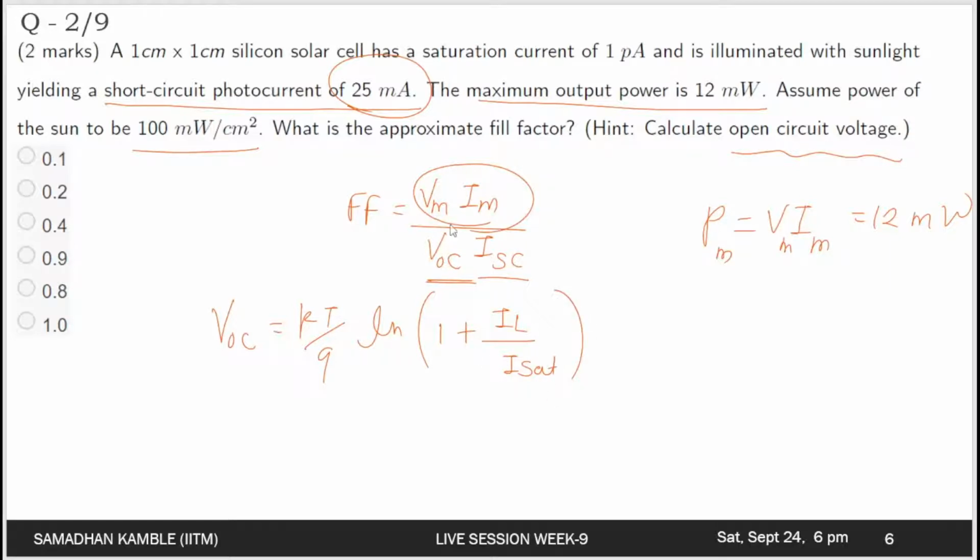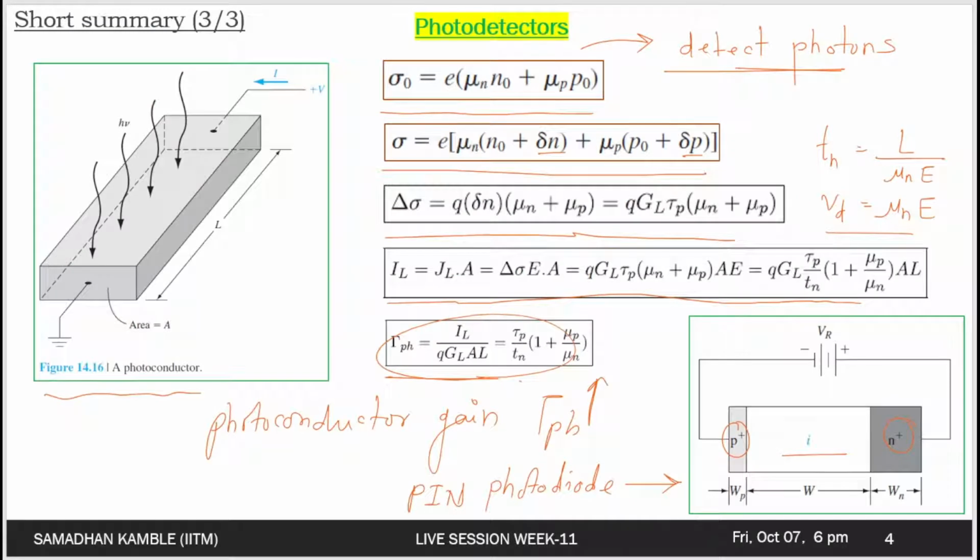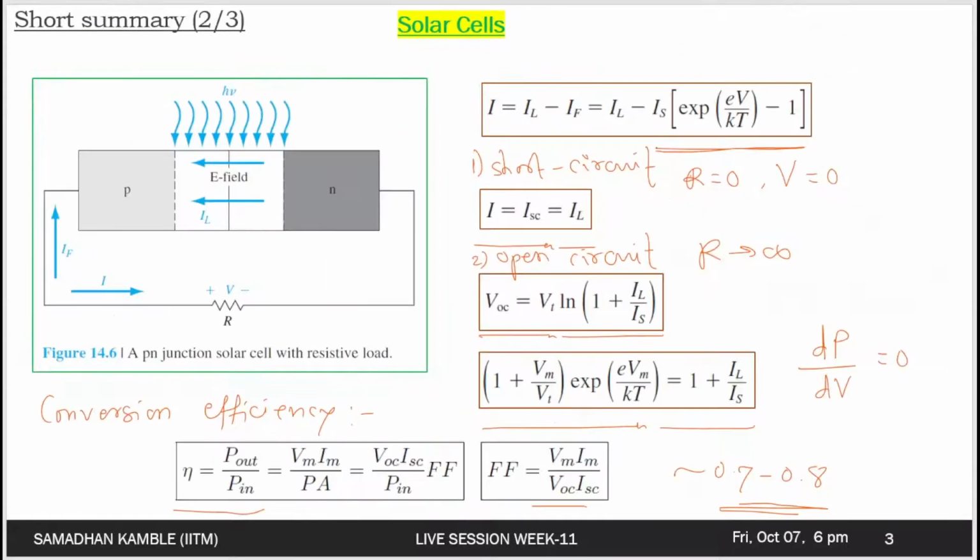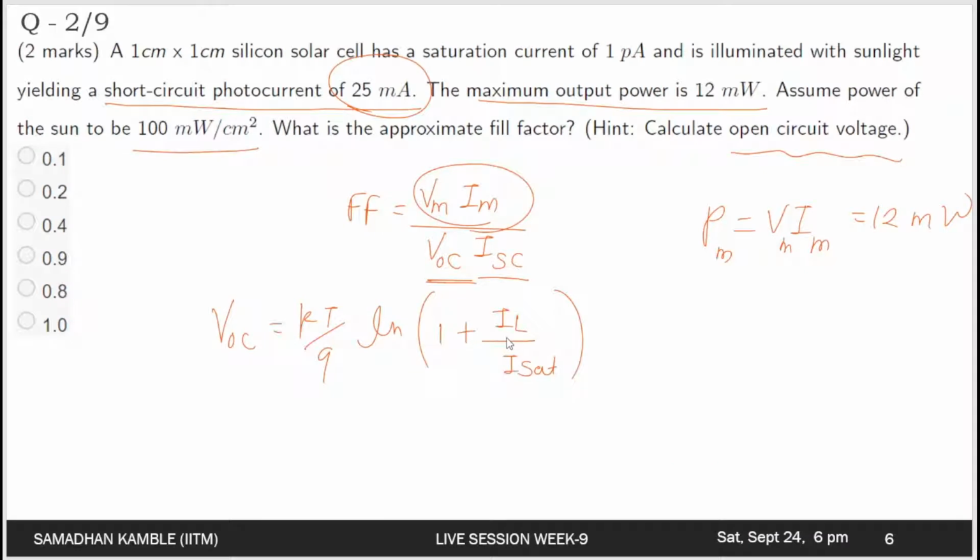One more thing we showed in one of the limiting cases is that in the short circuit case, IL is nothing but ISC. So for IL, we can readily substitute our ISC, that is short circuit current. Let me first find out VOC.